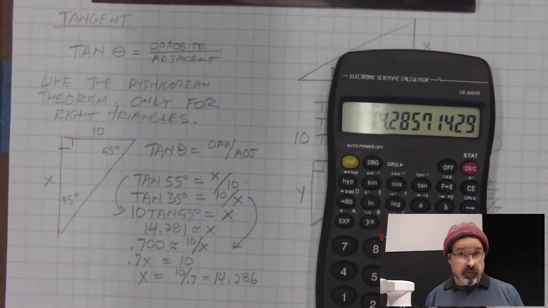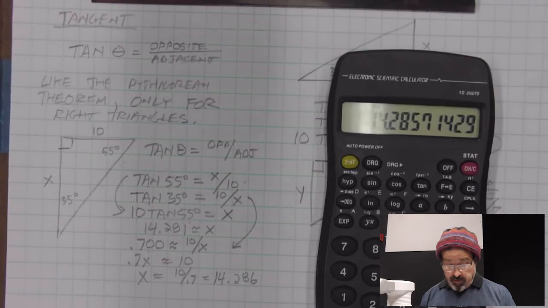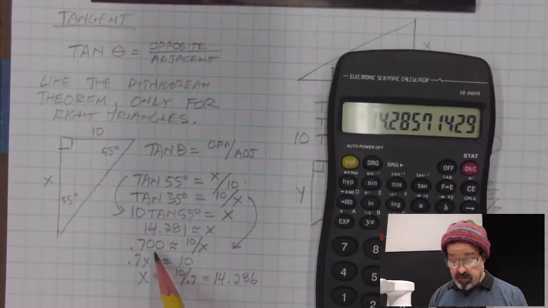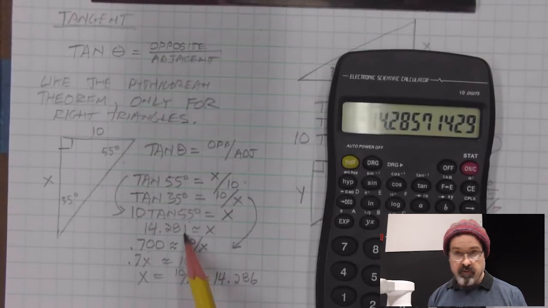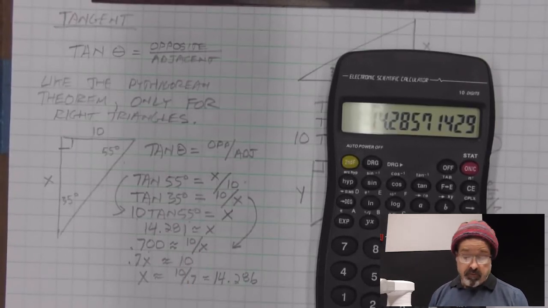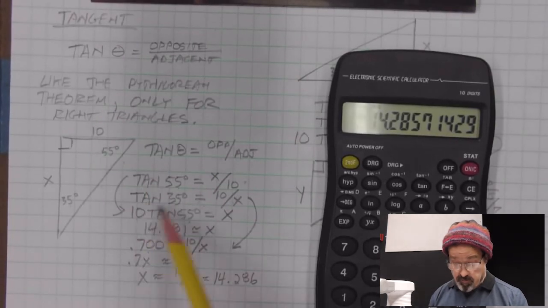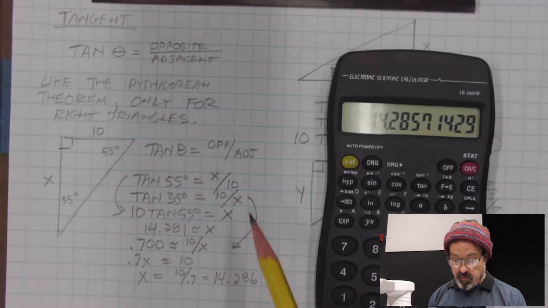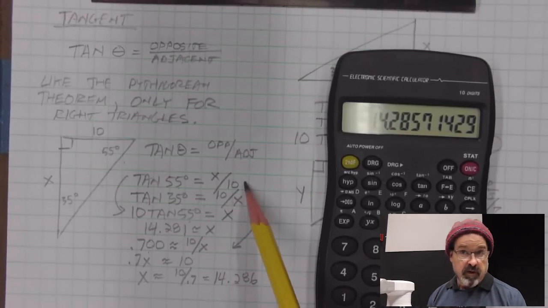Are these answers different? Well, they are as we wrote them down as approximations, but it's the same value. The difference here is that I approximated early here. And by the time I took a step, I was a little bit off my first answer. Both of these setups of tangent will work to find x. The first one may be easier because a step is saved.